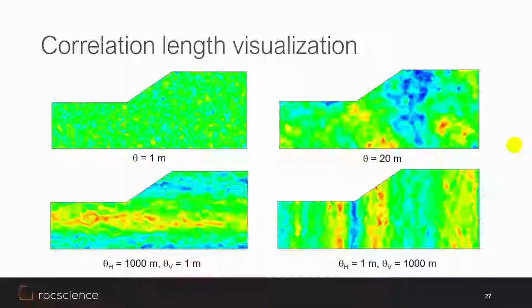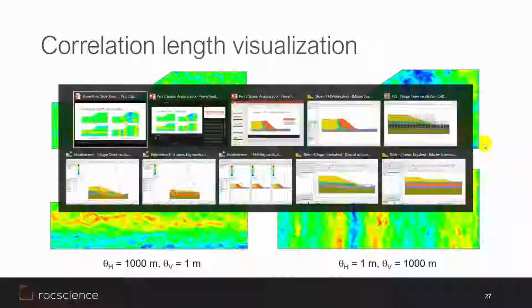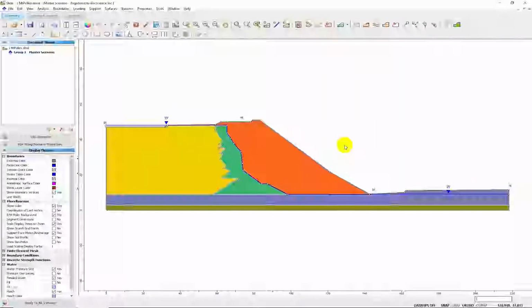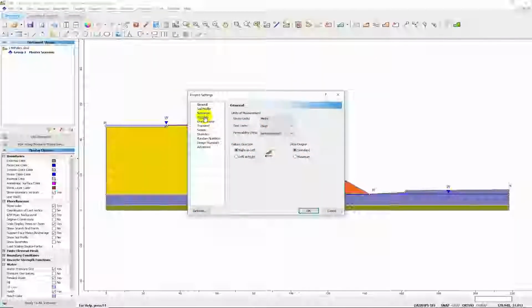So now let's look at this Mount Polley example in Slide 2. This is our model. As we've talked about, this bottom layer is the very weak layer. Let's first go to our project settings.